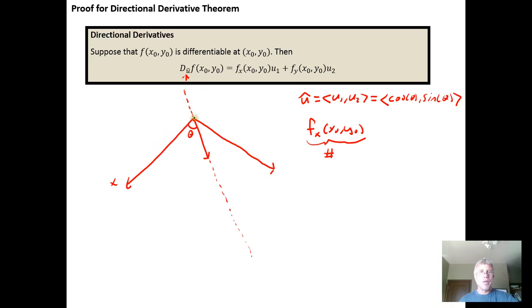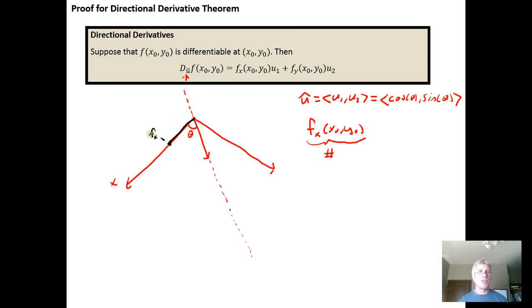So if we calculate the partial derivative with respect to x, there's going to be a number on the x-axis that corresponds to it. And this could be a negative number as well, but the proof would run the same way, or the geometric justification is going to run the same way, whether f sub x is positive or negative.